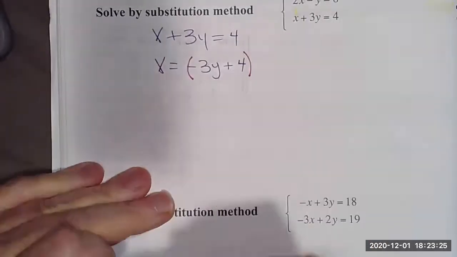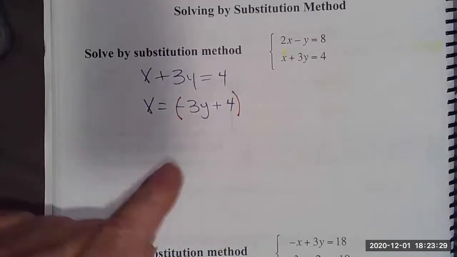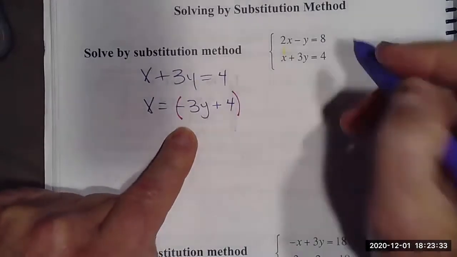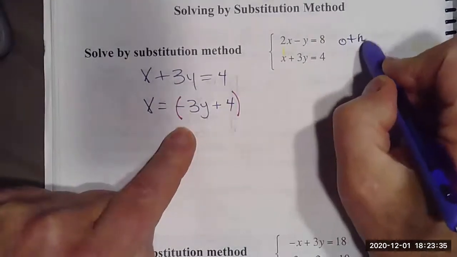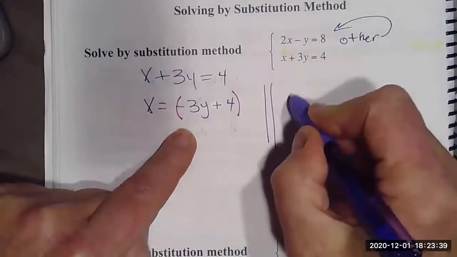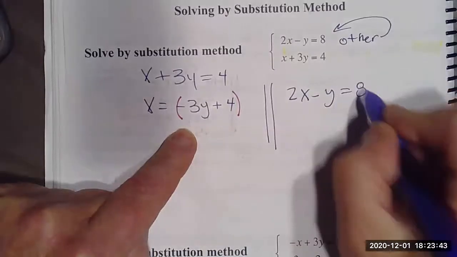Okay, fine. Now what? Substitute that into the other equation. Here's the other. So 2x minus y equals 8 is the other.